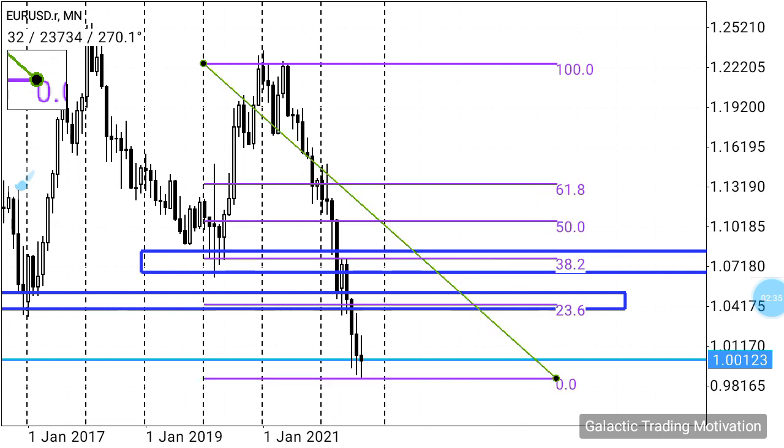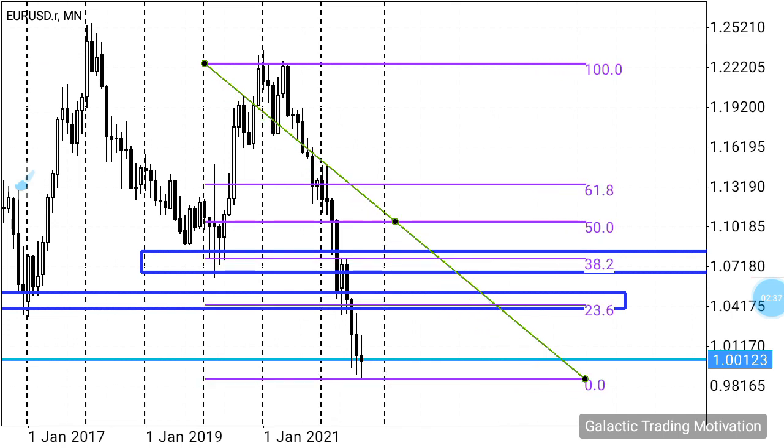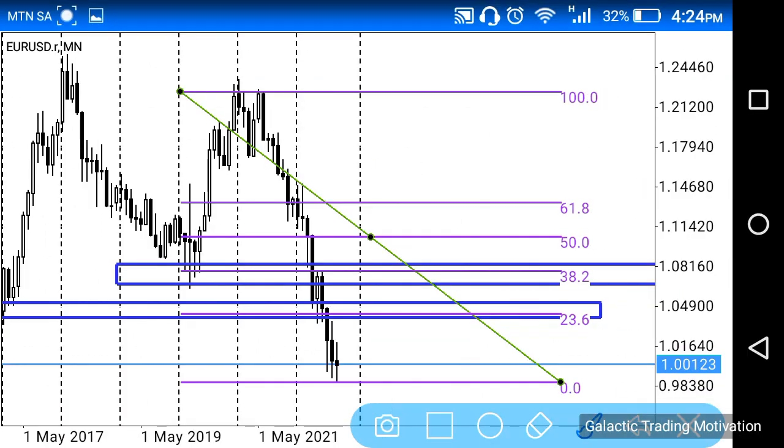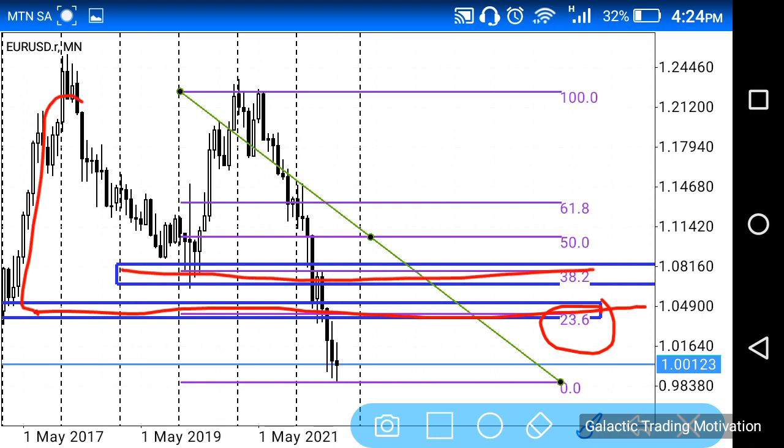So we can see more or less that this particular resistance area aligns with the 23.6% Fibonacci retracement level, and the neckline of this M structure aligns with the 38.2% Fibonacci retracement level.